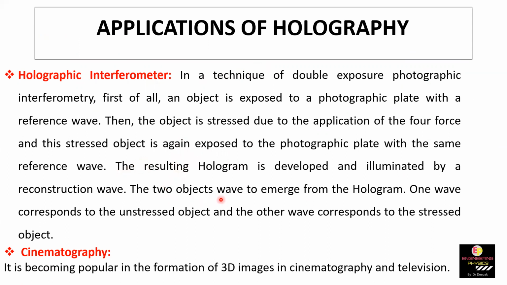Second, we apply a force or stress on the body, and we capture the hologram again. So two object waves emerge from the hologram. One wave corresponds to the unstressed object, and the other wave corresponds to the stressed object. That is called holographic interferometry.